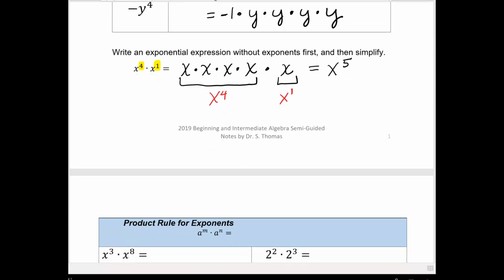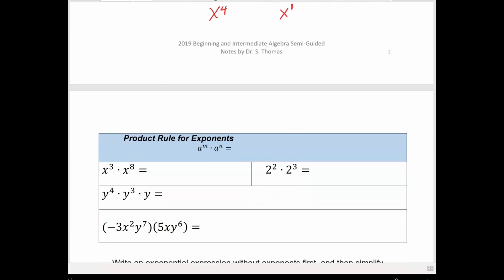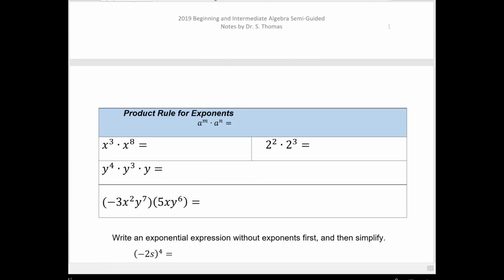So the product rule for exponents: a to the m times a to the n. Let me also point out here that you have to have the same base. When you have the same base, the rule is when you're multiplying using the same base, you can add the exponents.